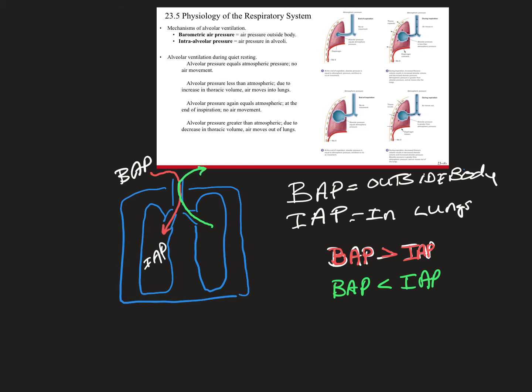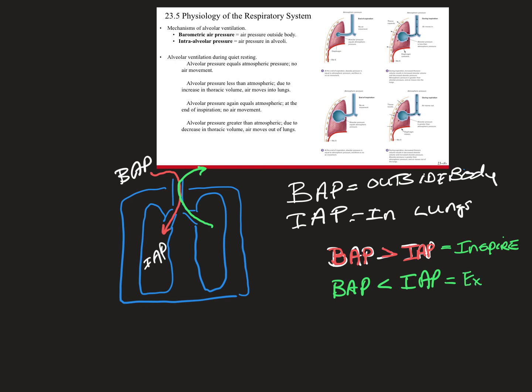Okay, so barometric atmospheric pressure is greater than intra-alveolar pressure. That tells me that I am doing inspiration or expiration. Inspiration. And barometric atmospheric pressure being less than intra-alveolar pressure, there's too many A's and I's and P's in there, means that I am doing what?